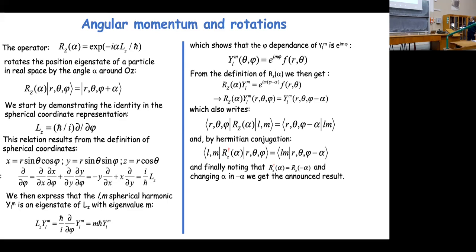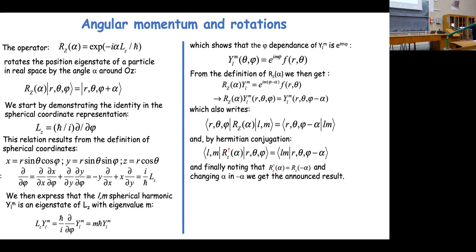So we are already almost at the result I want to show you. From this expression, I make a slight change. I take the conjugate of all this, that is, I transform the ket into a bra, the bra into a ket. So I go to the opposite formula. And if I do that, I have to replace Rz(alpha) by the adjoint, by the Hermitian conjugate. And the Hermitian conjugation of this is just transforming alpha into minus alpha, or i into minus i.